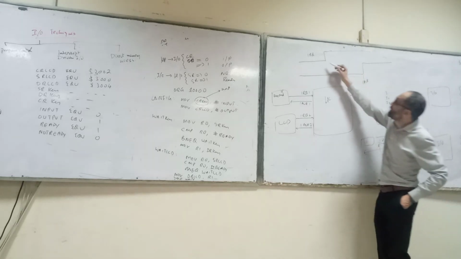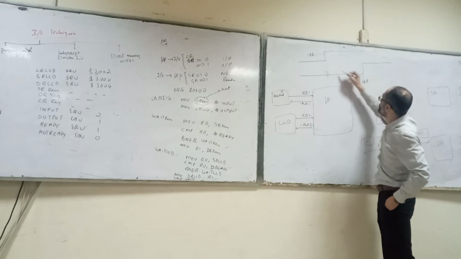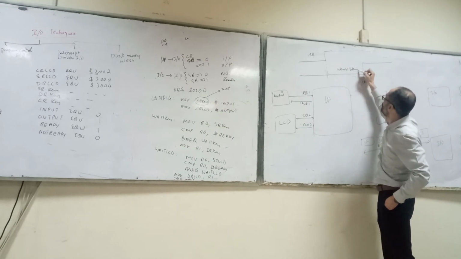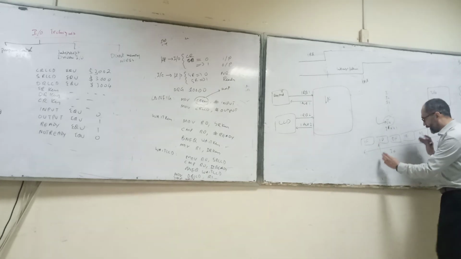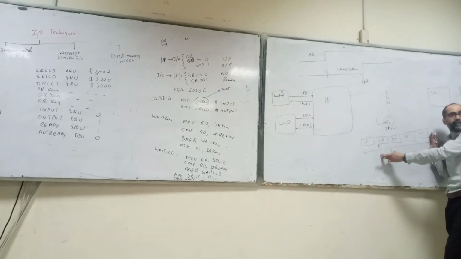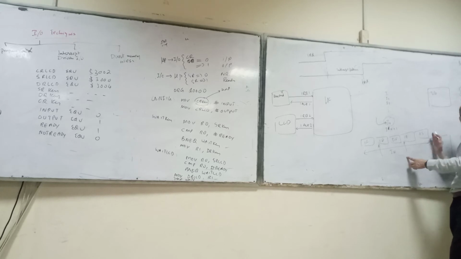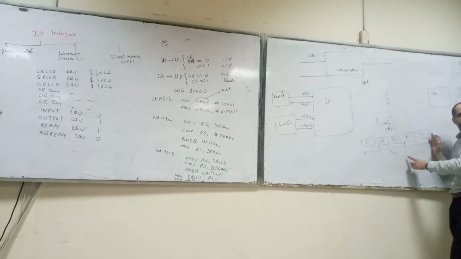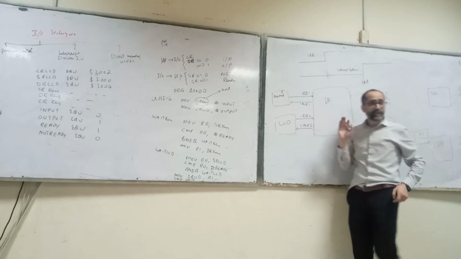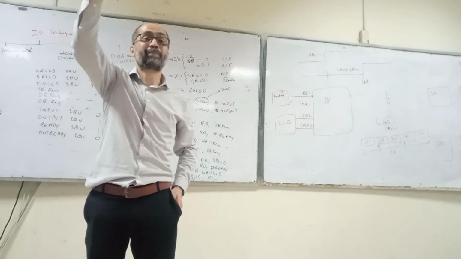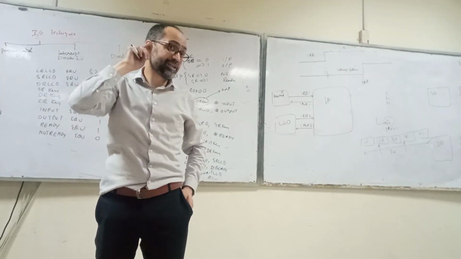So what is this delay? This is called interrupt latency. यहाँ पे latency कहाँ तक होगी? यहाँ से लेकर अगर इंटरप्ट यहाँ पे होगी तो latency कहाँ तक होगी? Whenever an interrupt arises, the microprocessor will complete the current instruction.